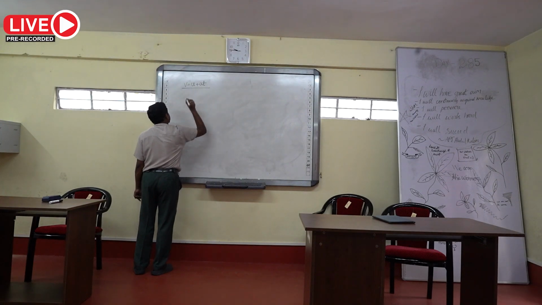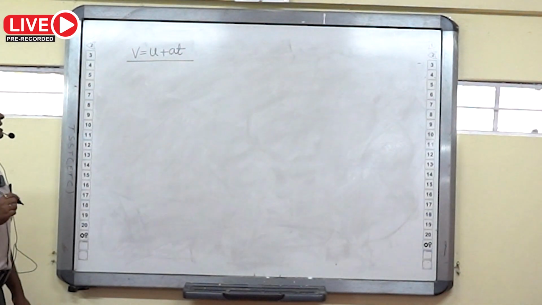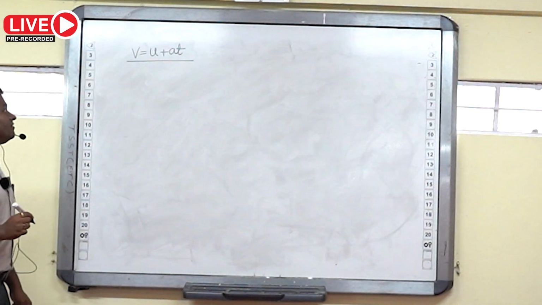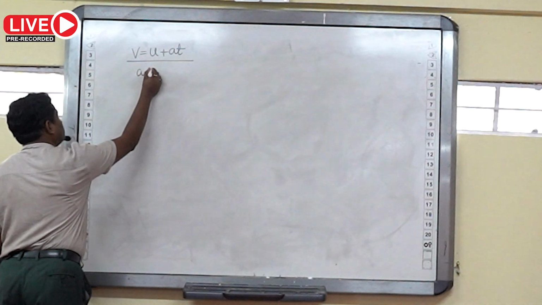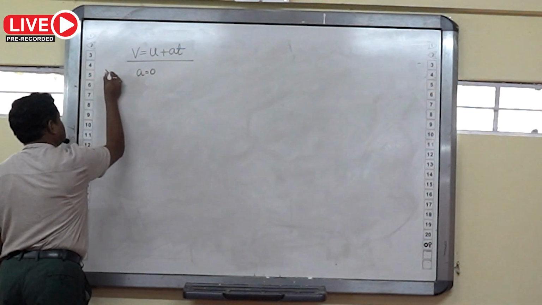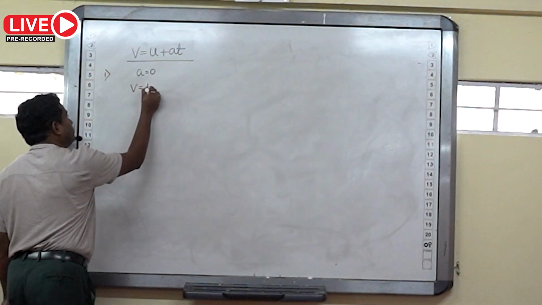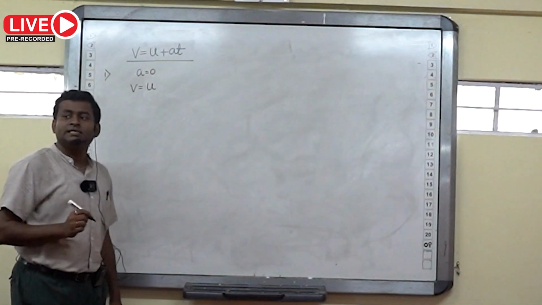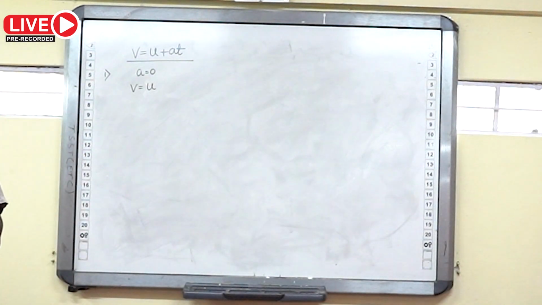Now in this equation, in the first case, if I consider A equal to 0, then V will be simply equal to U, and it is uniform velocity. Acceleration 0 means velocity remains uniform.